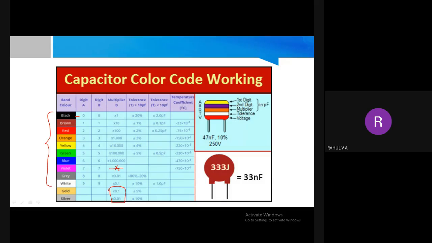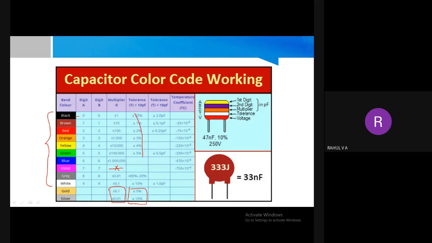In the case of resistance, there was no multiplier value for gold and silver, they were only used for tolerance. But in the case of capacitance, we have a multiplier value for gold and silver. For gold it is 0.1 and for silver it is 0.01. And the tolerance value is exactly the same as with resistance.